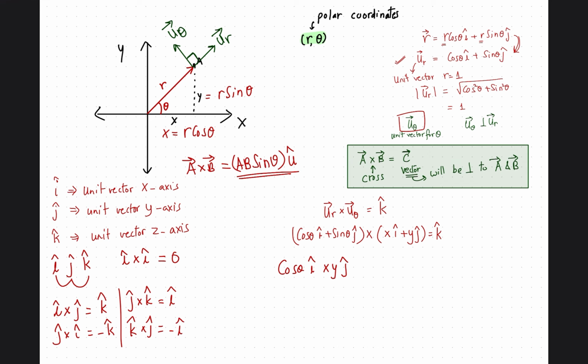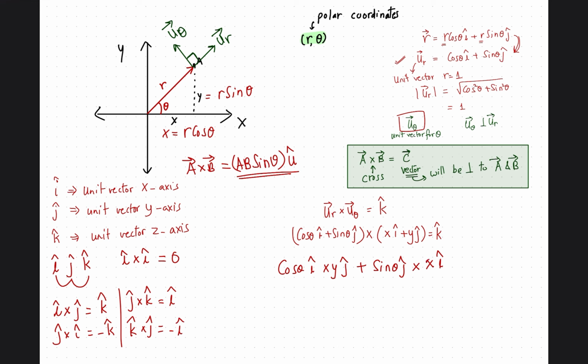I did not write the first cross product because it is I cap cross I cap, which is 0. Then I go to sine theta j cap and I cap. Yes, I will write that because they are different vectors. So plus sine theta j cap cross x I cap.